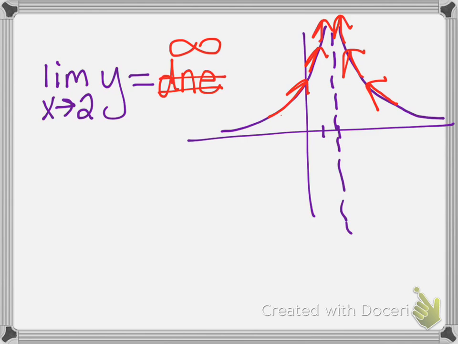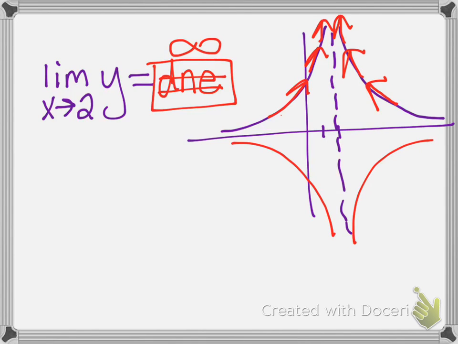If both branches, however, had been headed down, then it still would have said does not exist as far as OnRamps is concerned. And the reason that OnRamps is saying that, you guys, is because positive or negative infinity, they're not actual numbers. You don't actually know how big they are. When do you actually get close enough to them? You might say, oh, I've gone down to infinity, 1 time or 2 times.